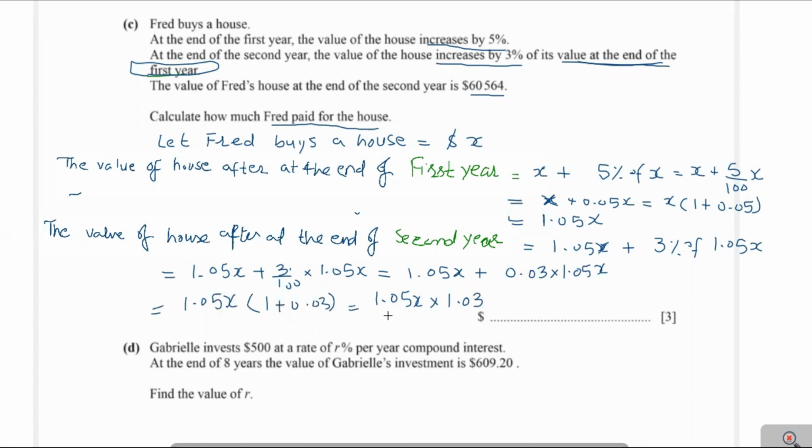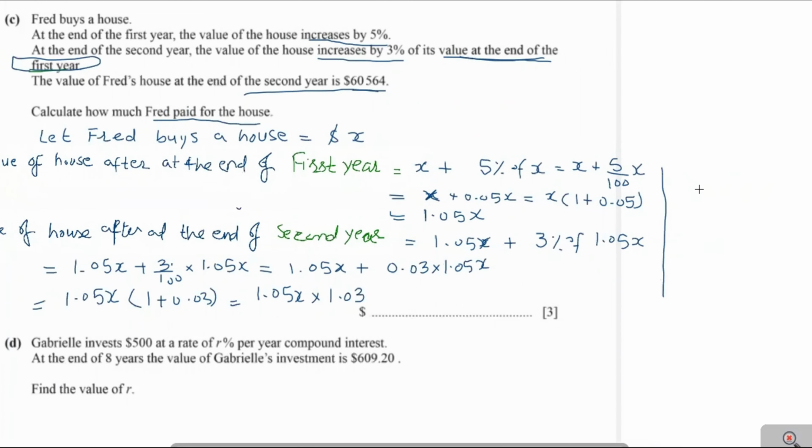And that value, you see here, is equal to 60,564. Now we can write it as 60,564 will be equal to this value. This is the value of the house after the second year.